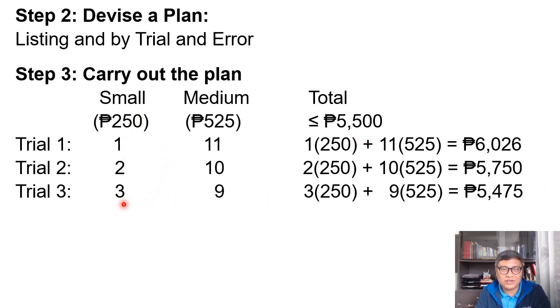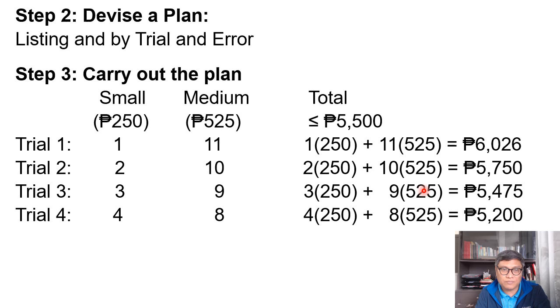So what about 3 small boxes and 9 medium boxes? If we multiply this number of boxes by its costs, the result is 5,475, which is less than 5,500, but it is not exactly 5,500. So it could be a possible solution because 5,475 is less than or equal to 5,500.